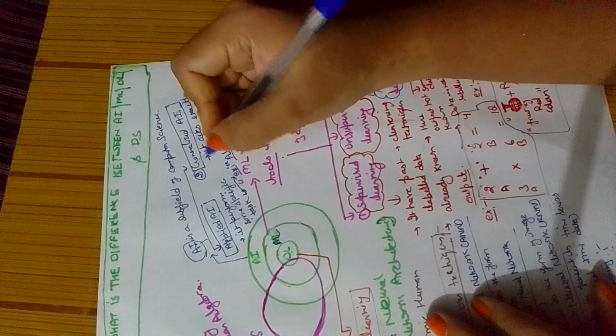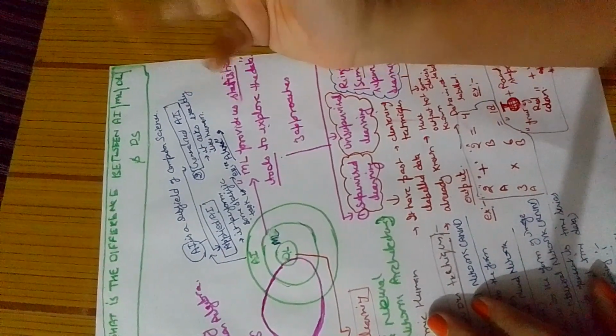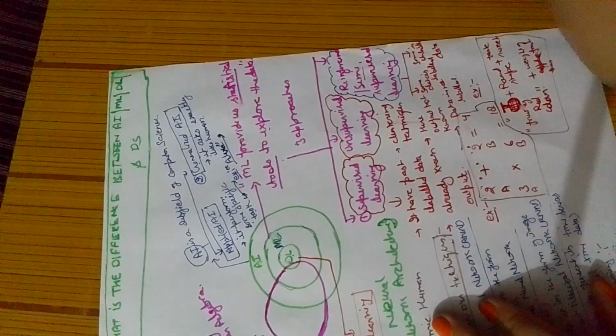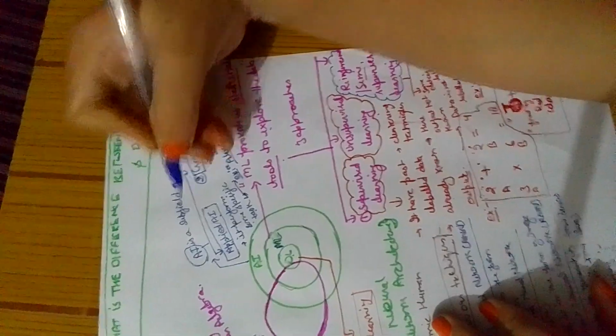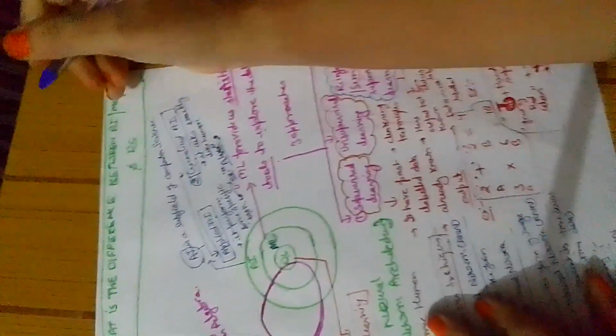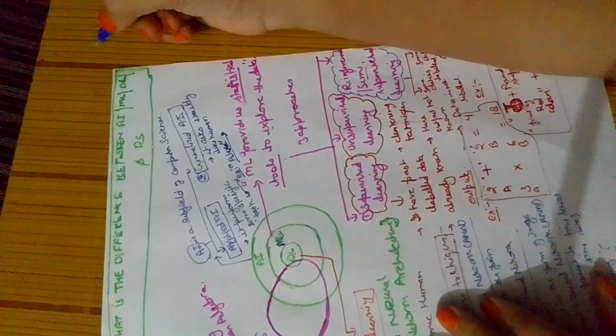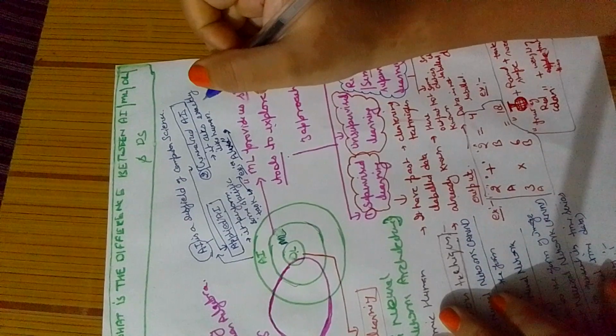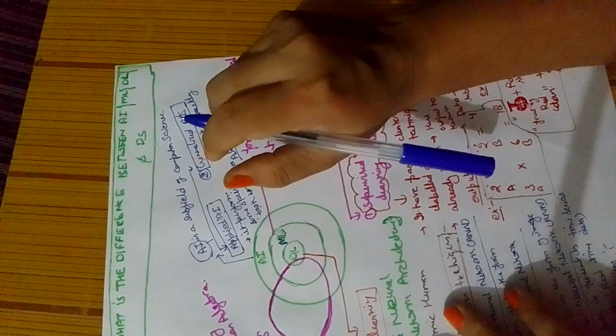Whatever you ask Alexa, it will play music, or tell you a story, or work for you. That is the example of applied AI used in your house.